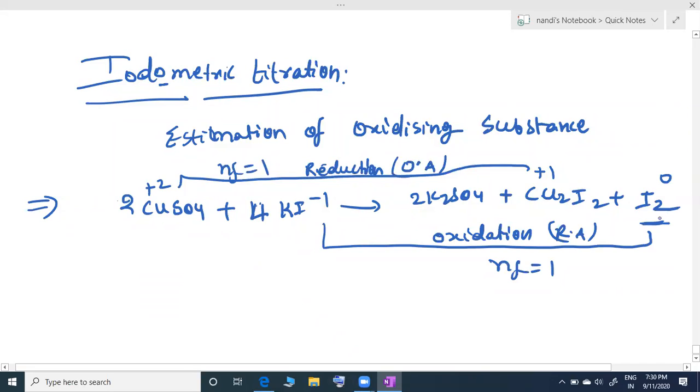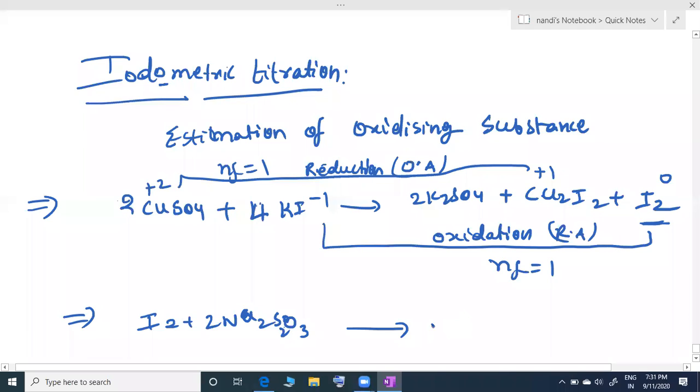After H2 is liberated, again we can titrate by using iodometric titrations. That's I2 plus 2 moles of Na2S2O3. This is hypo, sir. Again, we are titrating with respect to hypo. Wherever iodine is there, we are going to titrate with hypo solution.